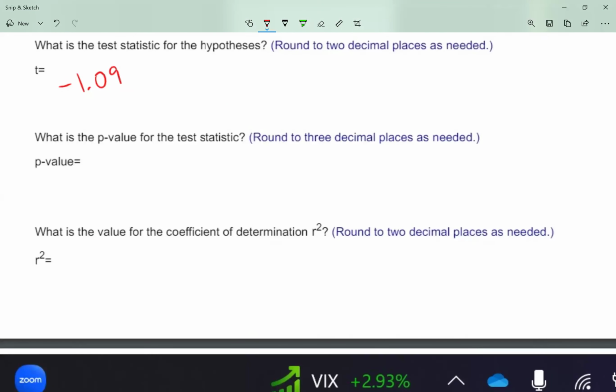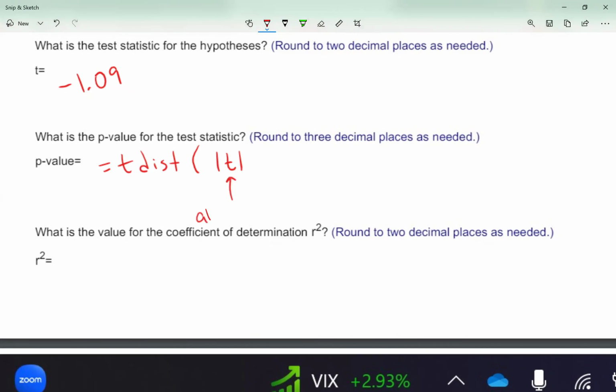Now for our p-value, a reminder, I have to go equals TDIST for t-distribution, open parentheses. Now here, I had to put in my t-value as an absolute value of t. How am I going to type this? I want the calculator to go absolute, so ABS, and then put my t in it.